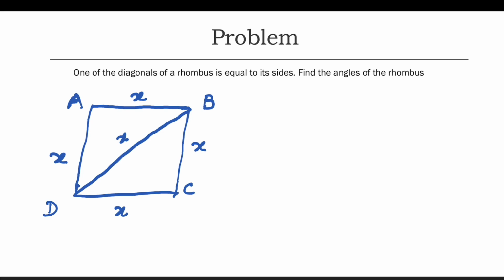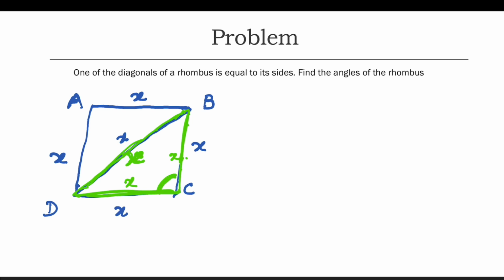Now, just let's look at this triangle. What is happening with this triangle? This is x, this is x, this is x. So this is an equilateral triangle. What is the angle of the triangle?